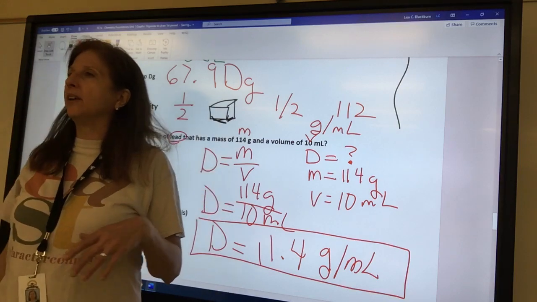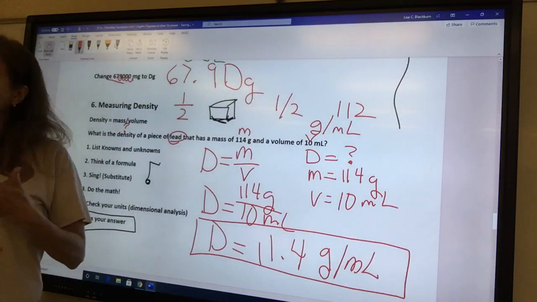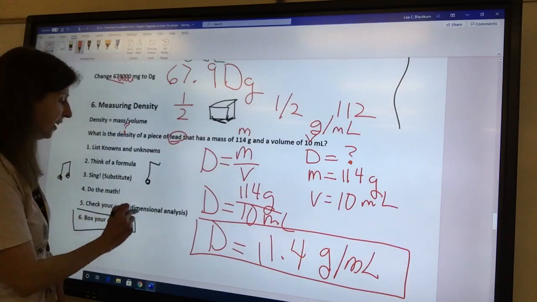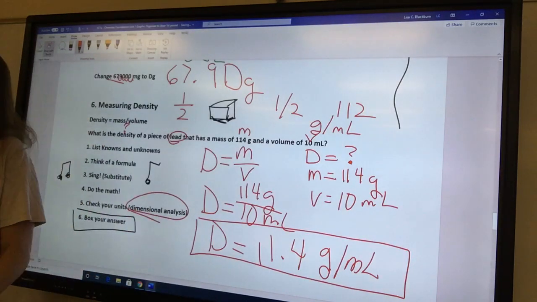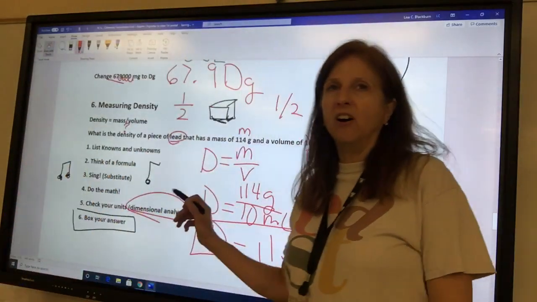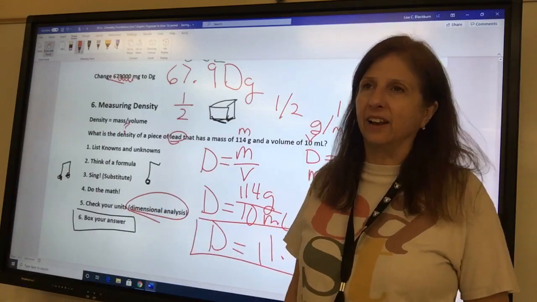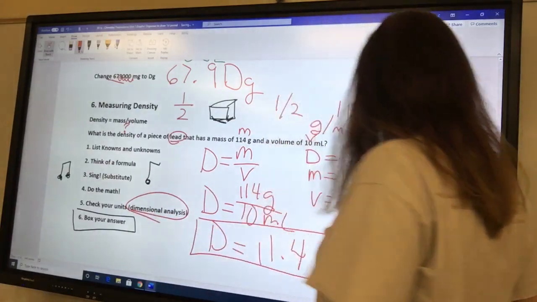I would know I did the speed problem wrong. So checking your units, we have fancy science nerd talk. It's called dimensional analysis. Fancy science nerd talk for checking your units and making sure they make sense is called dimensional analysis.